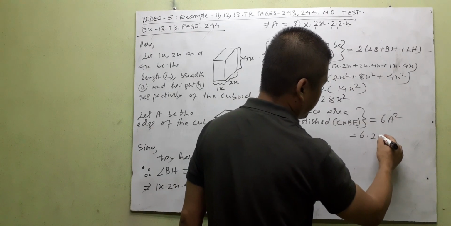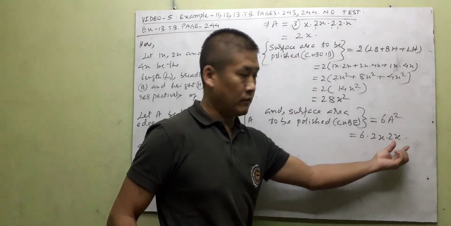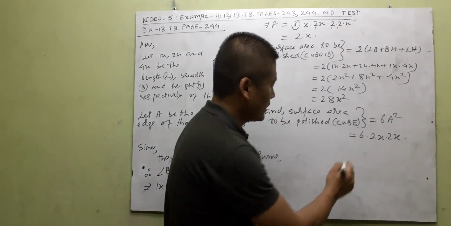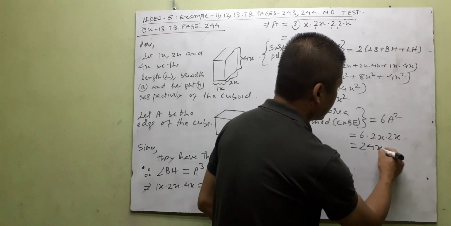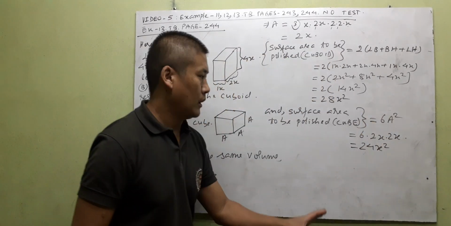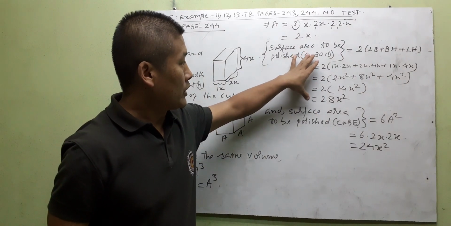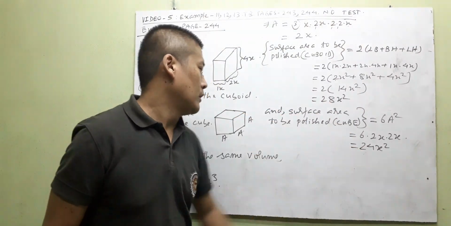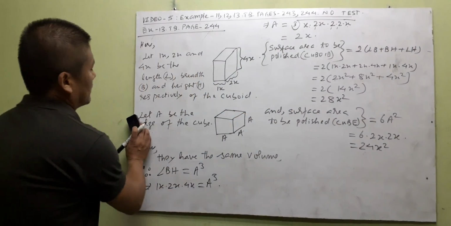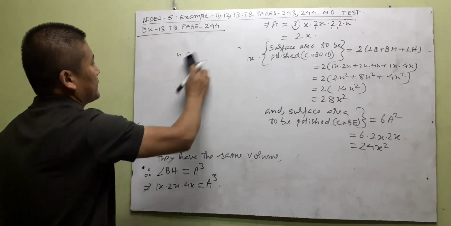So this is 2x into 2x, because a squared means 2x 2 times, right? Now 2 2s are 4, 4 6s are 24x squared. So clearly the surface area to be polished is more for the cuboid. 28 is greater than 24. I'm saying that because the next statement is important. Now the question is saying something, so let us go there and see.